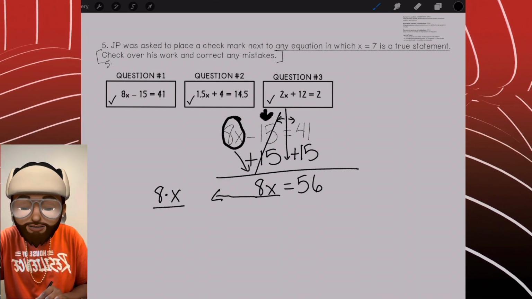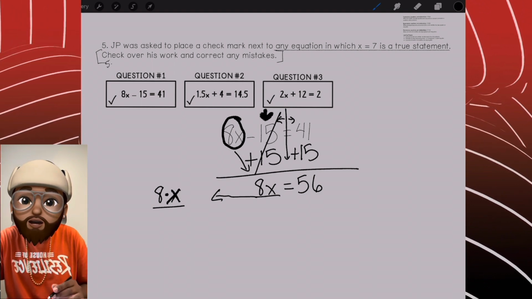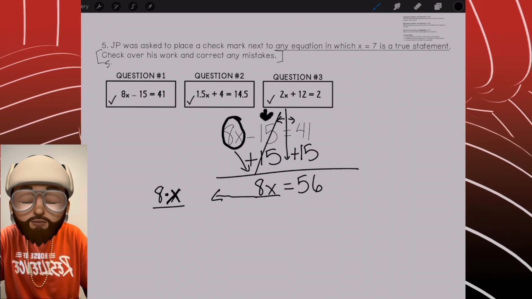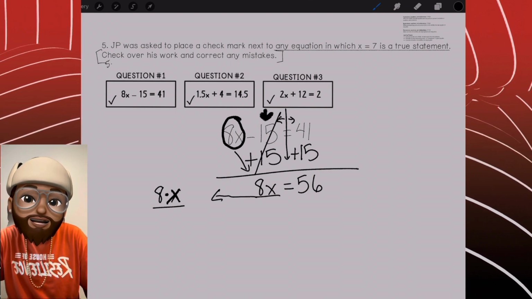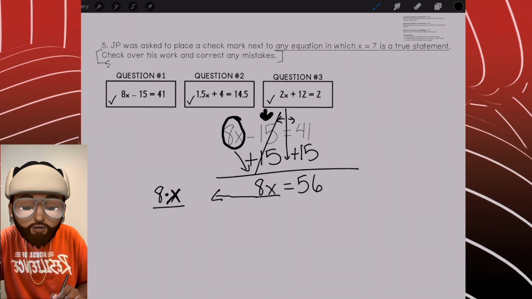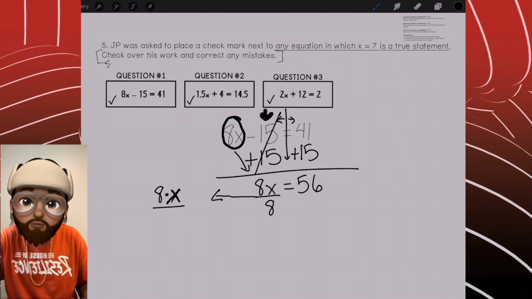So we have 8 times x, and we are going to divide by the coefficient that is with x. That's the number that x is multiplying times. So we're going to take this 8x and divide it by the number 8 because that is the coefficient.